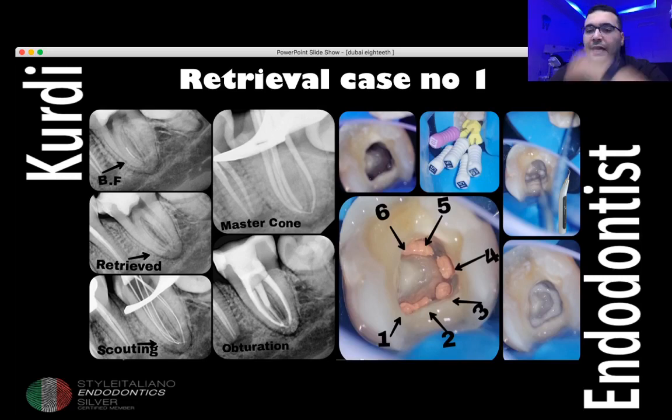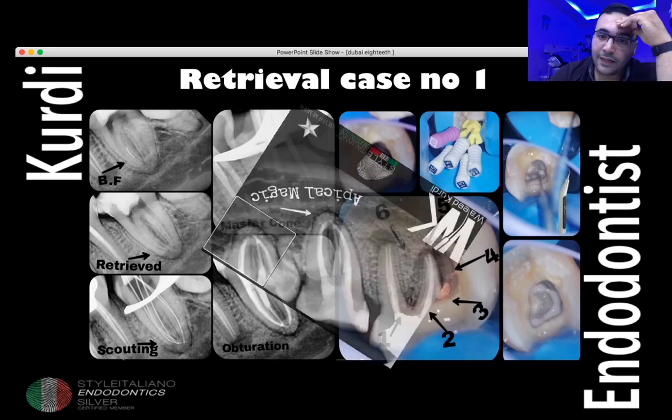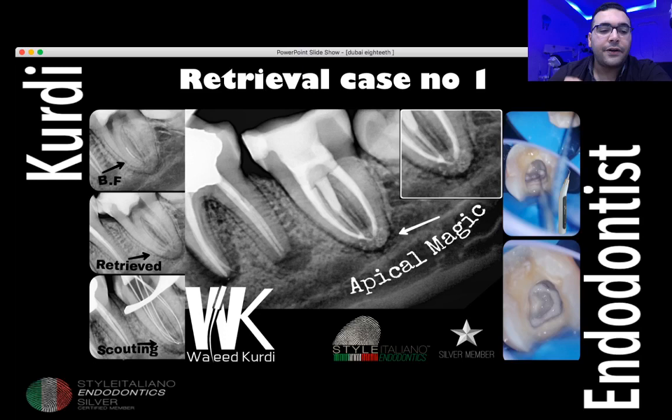And in this case I used only ultrasonic, because ultrasonic was fair enough to remove the broken file. And you can see here the apical magic of the obturation. You can see here this kind of extrusion of the bioceramic sealer in this case.